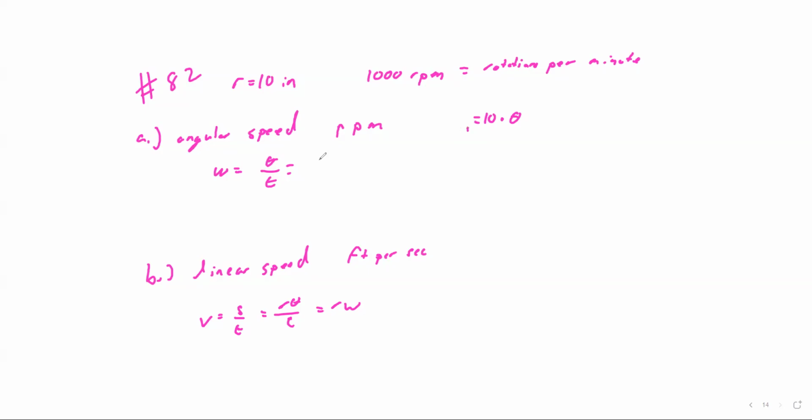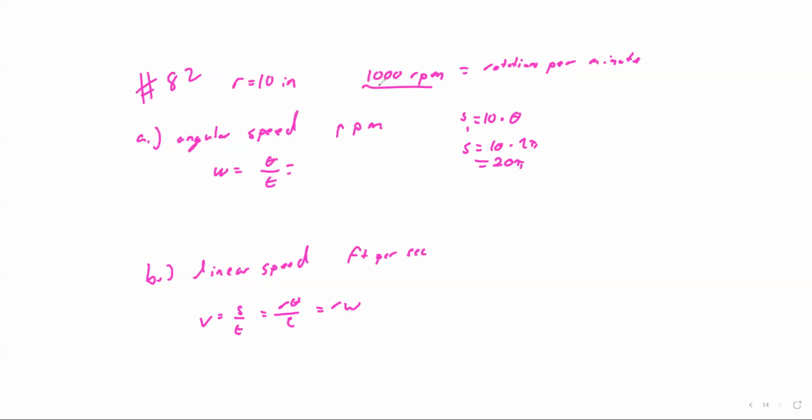Okay, so angular speed, that's going to be radians per minute. So the arc length is going to be S equals R theta. So that's a full circle. A full circle will be 10 times 2 pi. So the arc length is going to be 20 pi every time.